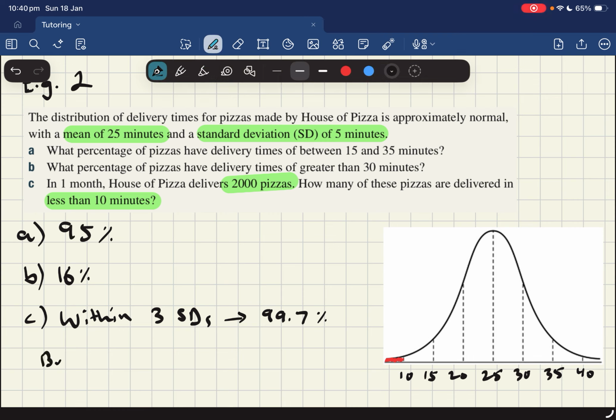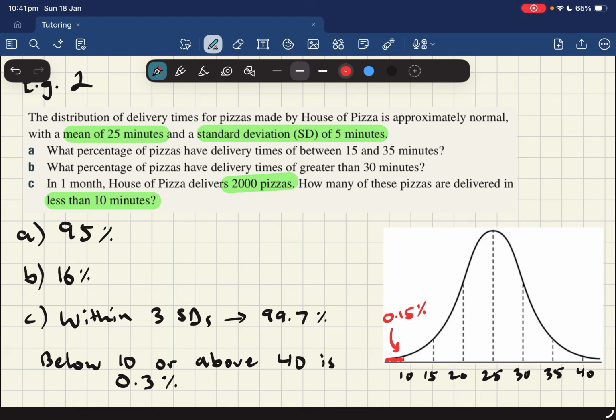So below 10 or above 40 is 0.3%. Now, we're just asked for the ones less than 10 minutes. So just this tiny bit down here is going to be half of 0.3%, which is 0.15%.